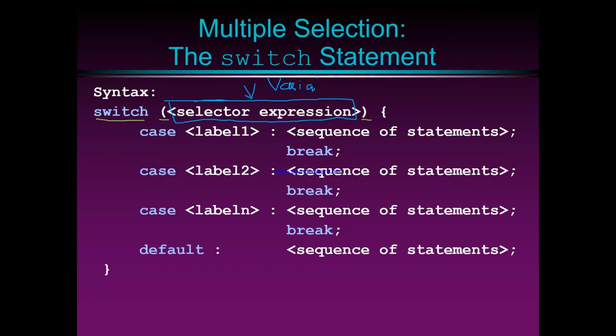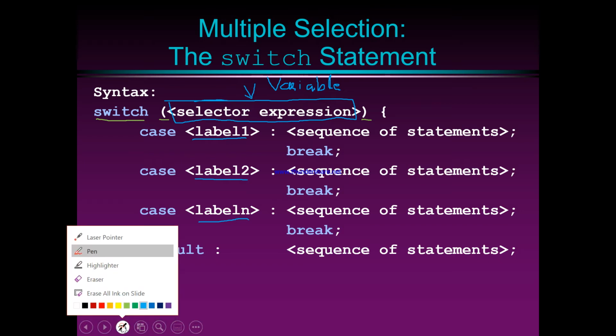So this variable will be controlled here, and the value of the variable will later be compared with label 1, label 2 and label n. We will come to how it compares the values.